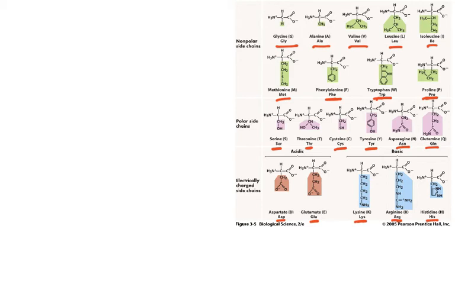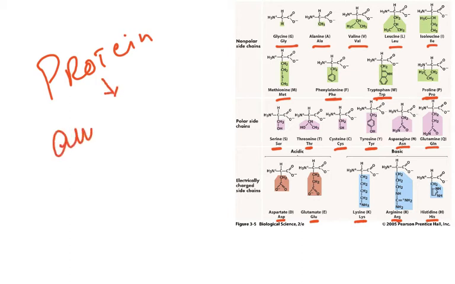Now the reason why I've gone through all these is because we're going to be talking about these again and again, because in protein synthesis we have to understand that proteins are made up of amino acids, and the amino acids have to be in a certain sequence. Could be first we have serine, then threonine, then phenylalanine, then tryptophan.